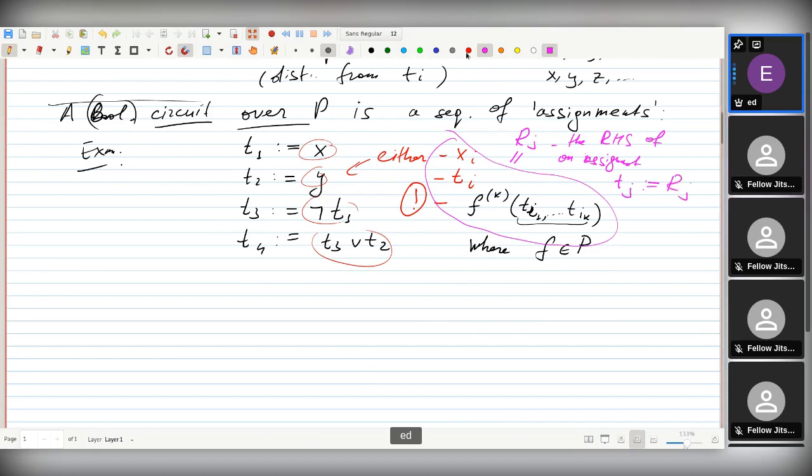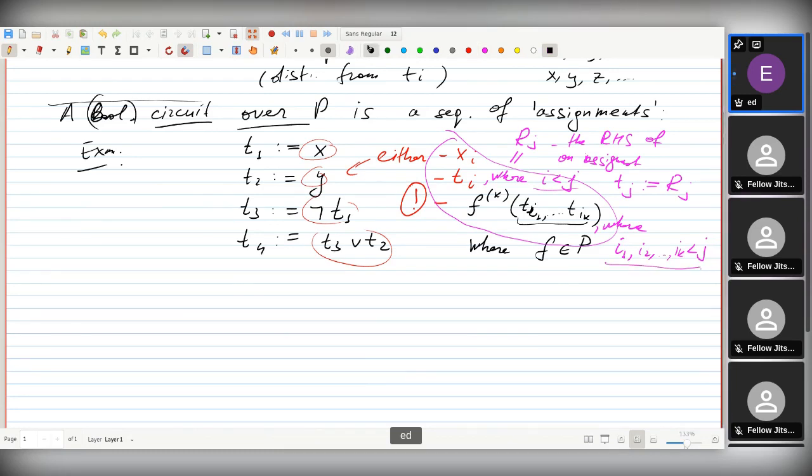And here we require that every variable we use is already defined as something which has an early occurrence in the left hand side. And here we also require that all this I1, I2, and so on must be less than j.